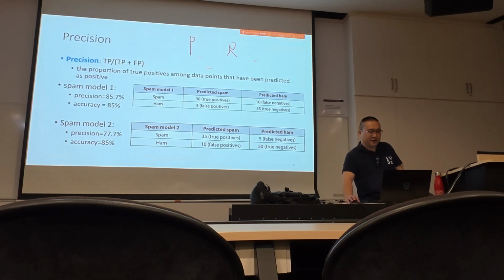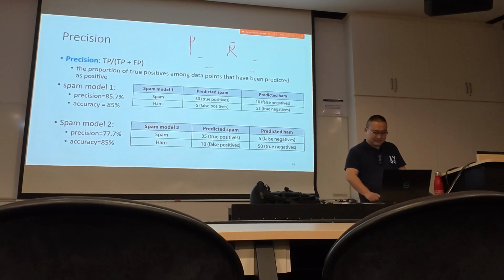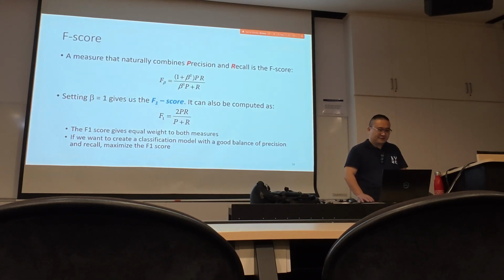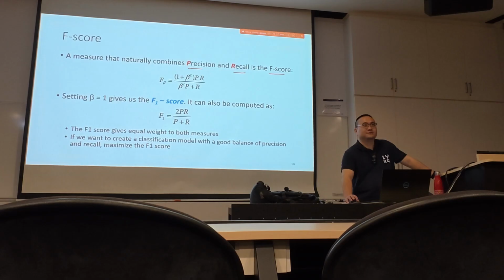For example, for model A, precision may be higher, and for model B, the recall may be higher. Now, how can we compare these two models? How can we get one metric to say model 1 is better than model 2? For this, we want to combine the precision and the recall into a single value, and this way, we can compare different models.